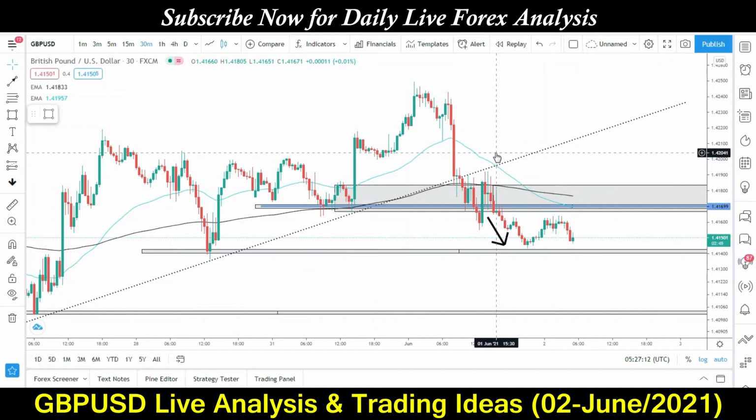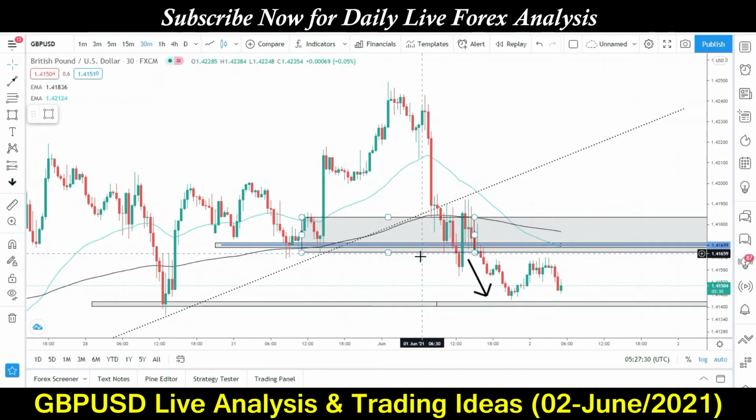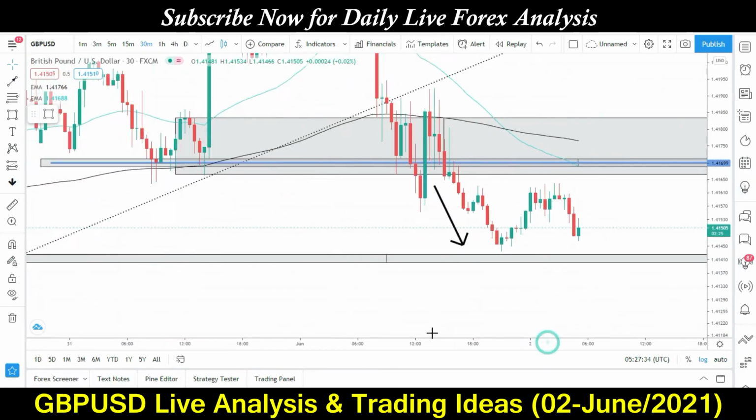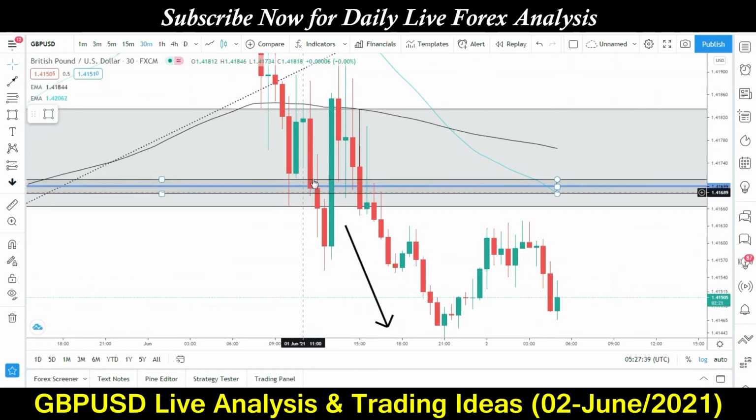And the other one I shared was that we will open a sell trade below this support level. When the market breaks this support level, there was a good opportunity to sell here. If you can see, this candle closed below the support level and also below this wick.